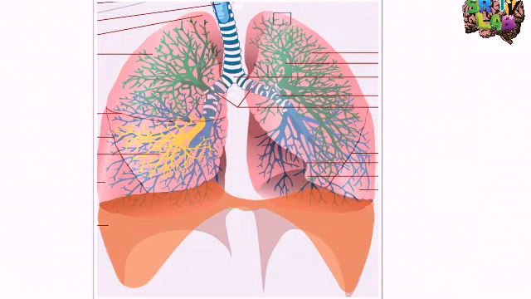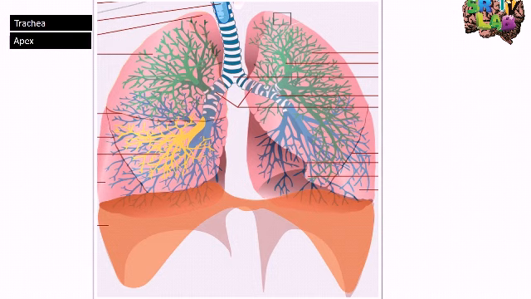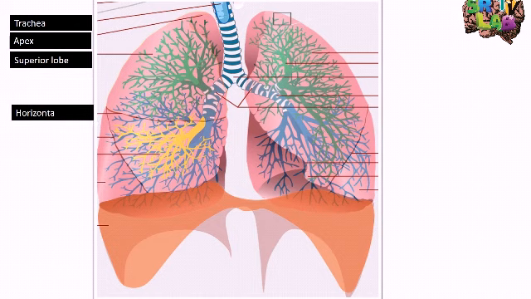Let's see the lower part of the respiratory system. We'll start with the trachea again. On top of each lung, we see the apex of the lung. Then we see the superior lobe of the right lung. Down we see the horizontal fissure.